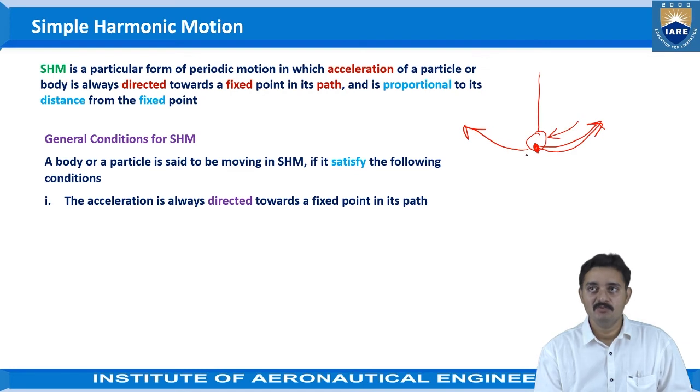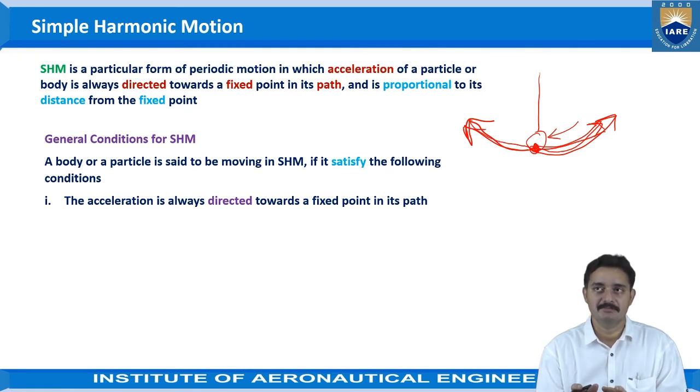The object will move in this direction and come back to its original position and go in this direction and again come back to its original position. That is the case that will happen, which is the vibration. But always from the mean position, it is moving in this direction. As it is moving in this direction, we can say that the acceleration is directed to the fixed point.